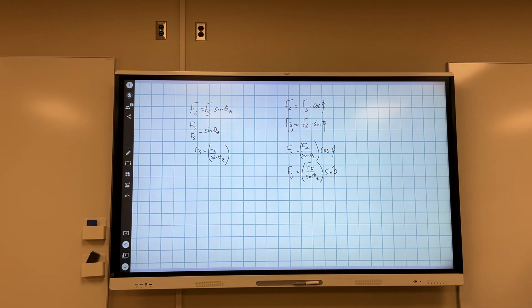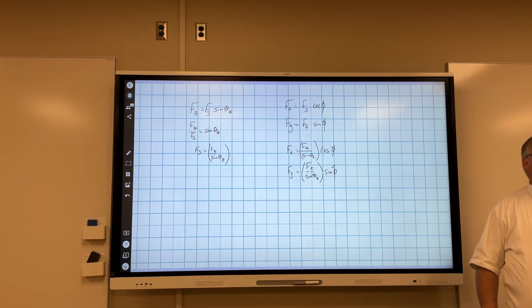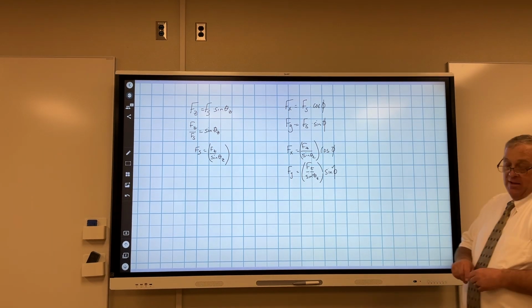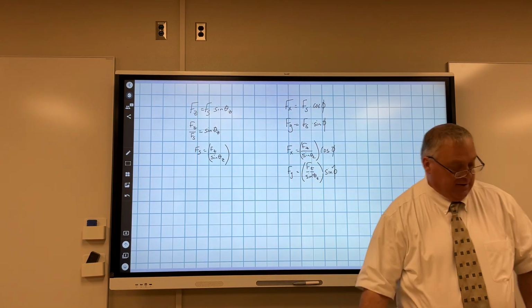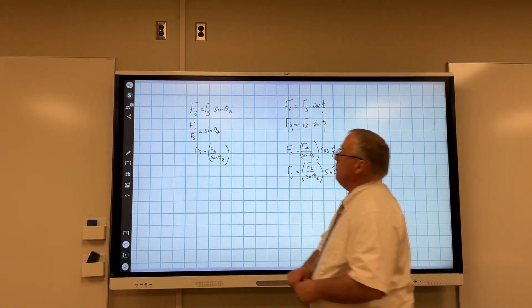So you're going to end up with three variables, and you're going to know two of them. 90% of the time you're going to know the angles or have a method to figure out angles. Okay, so let's look at an example on how to do this.